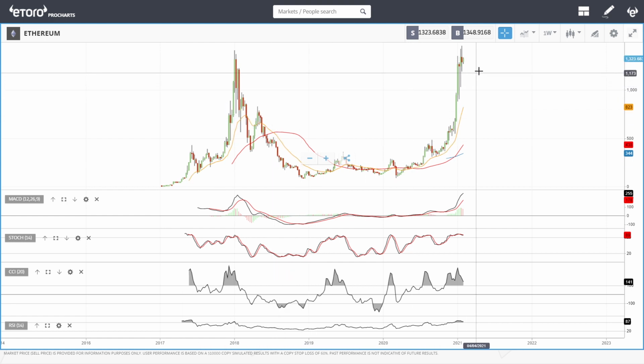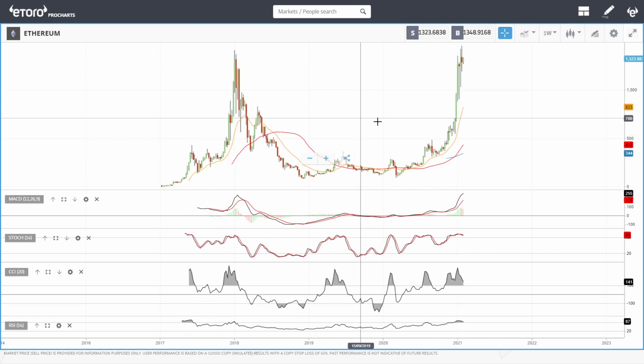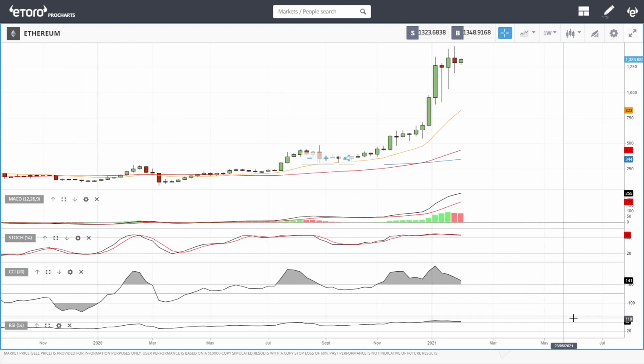I don't think so. We are probably witnessing very, very similar price action as we saw here. This looks like a complete bubble, and this was definitely a bubble, both in Ethereum and also in Bitcoin. So both are significantly overbought in the weekly chart. Technical indicators are turning around in the weekly chart.